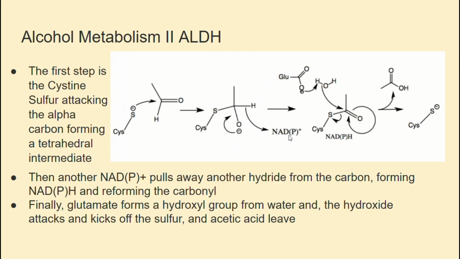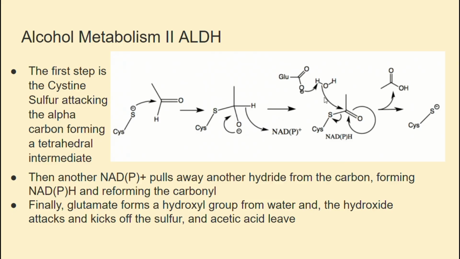At which point, that oxygen is going to push down its lone pair and form a carbon-oxygen double bond again, except now one of the other bonds is to the sulfur of cysteine.